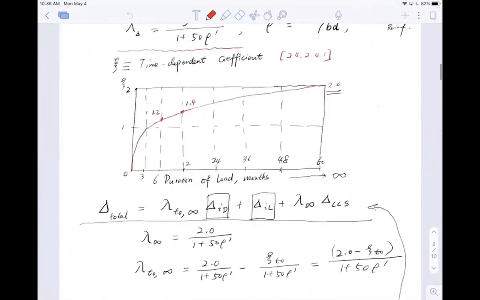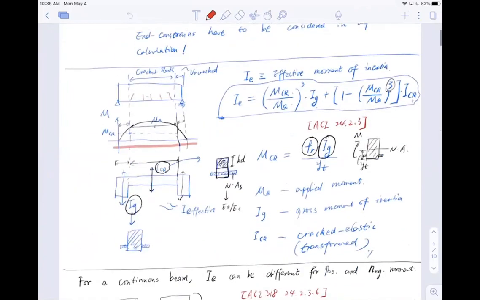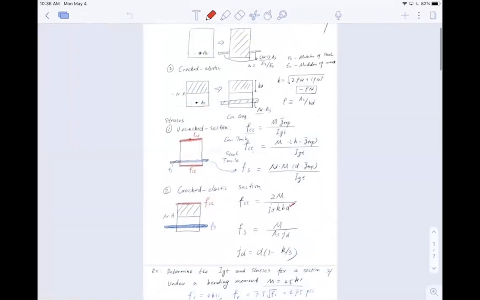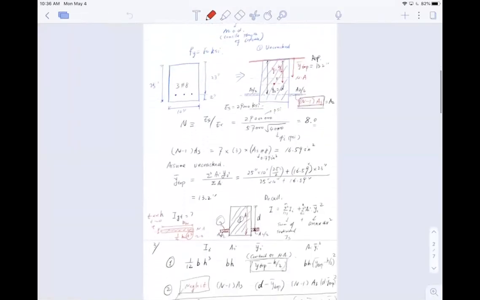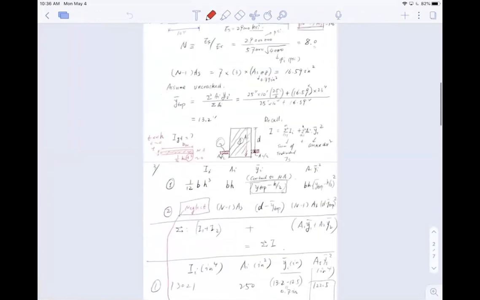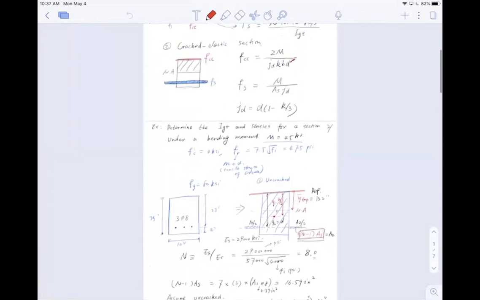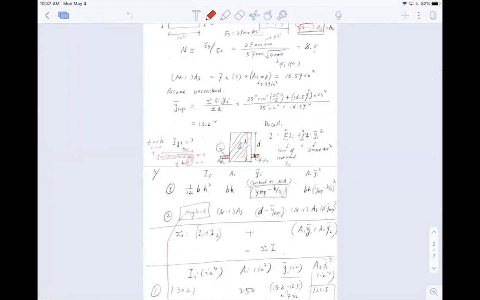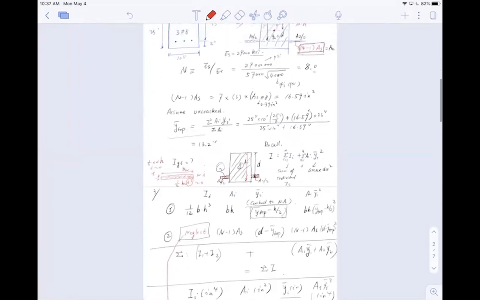I think I might have done this earlier. Can you see this? This is how we found the neutral axis for the uncracked section.